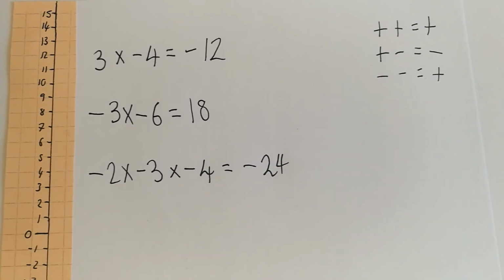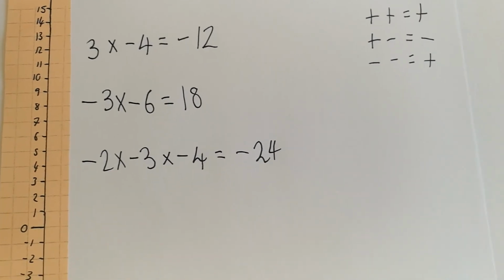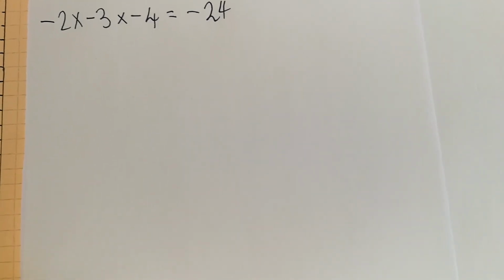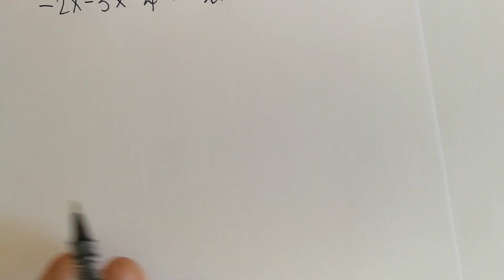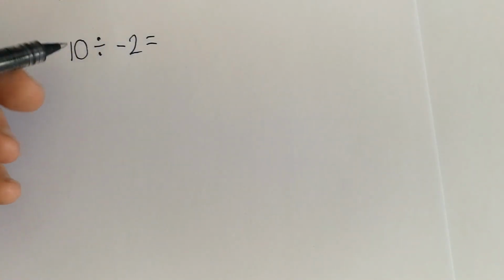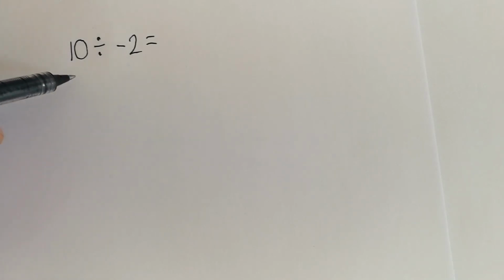And again, the same thing works with divisions. So let's move it up. Get our number line out of the way. And let's go for something like 10 divided by minus 2. Well, is it happy or unhappy?